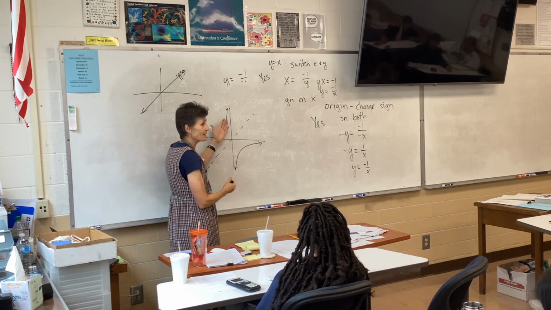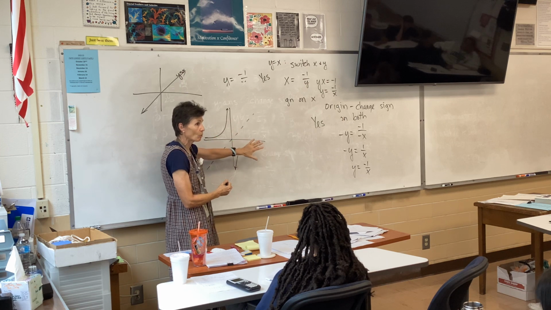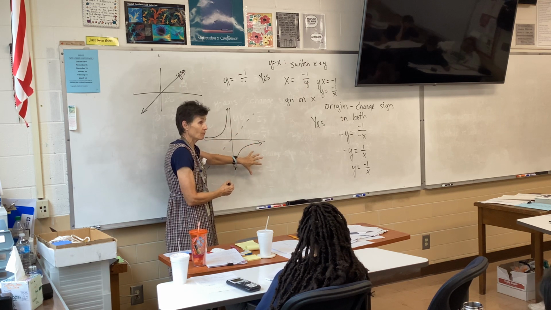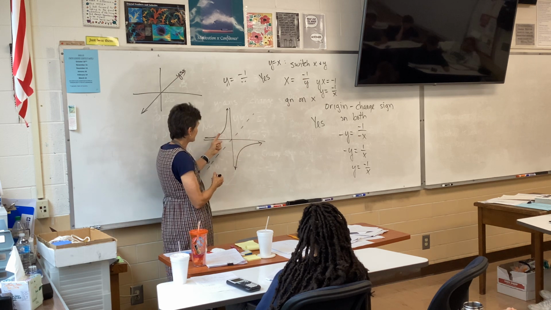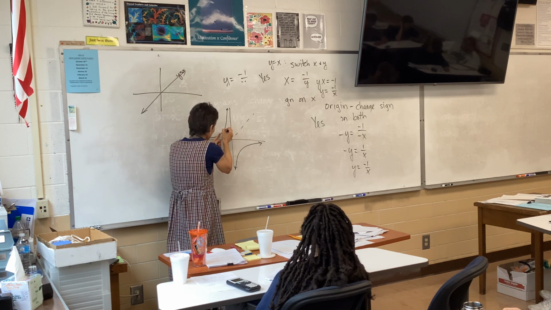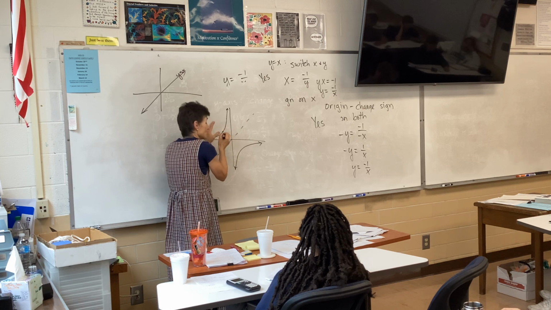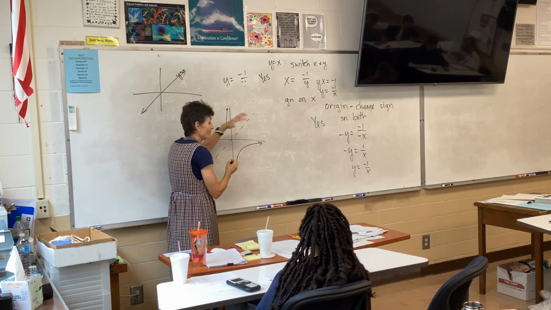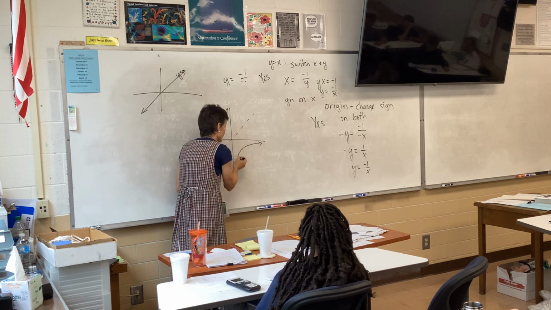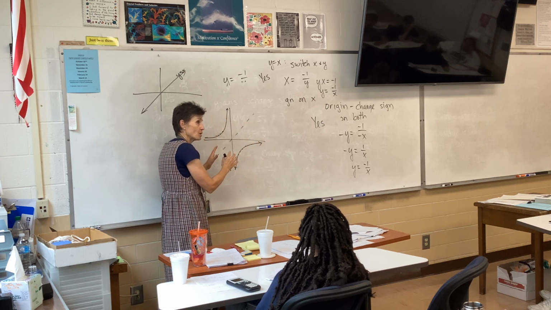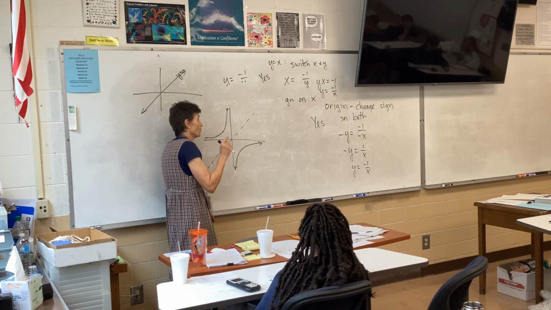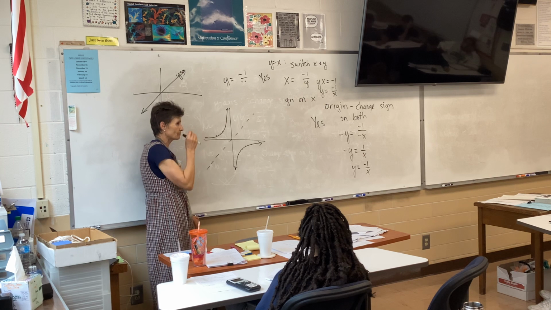Does it make sense that if I fold it across the identity, it would land on top of itself, right? Does it also make sense that every point here in quadrant 2 is reflected into quadrant 4 with this particular shape?